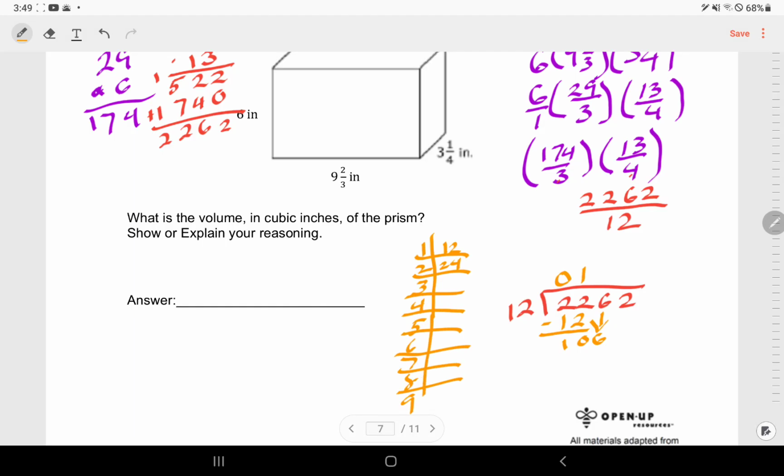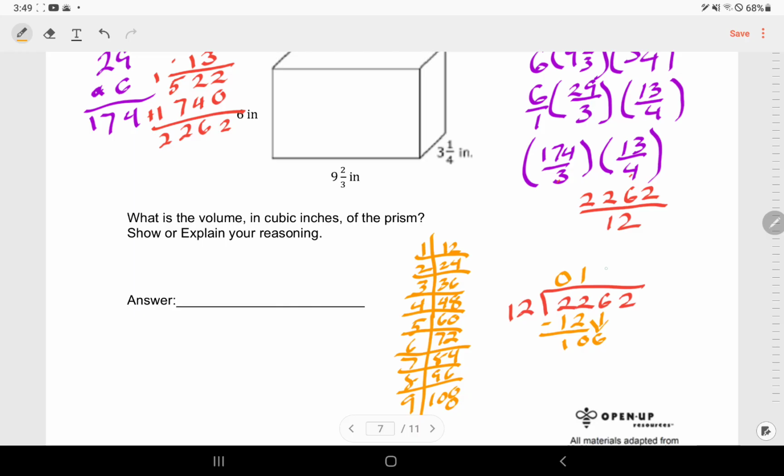And then just add 12 each time, or skip count. So that's 36. Add 12, 48. Add 12, that's 60. Add 12, that's 72. Add 12, 84. Add 12, 96. Add 12, 108. Well, 108 is too much because that goes over 106.